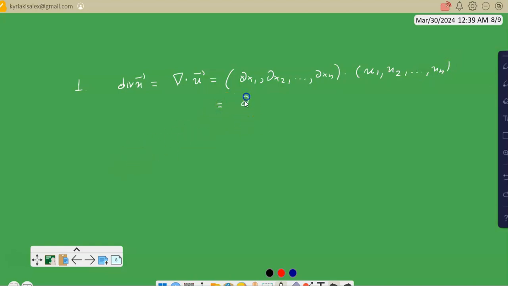What is that? It is the partial derivative of the first component, plus the partial derivative of the second component, up to the partial derivative of the nth component with respect to xn.